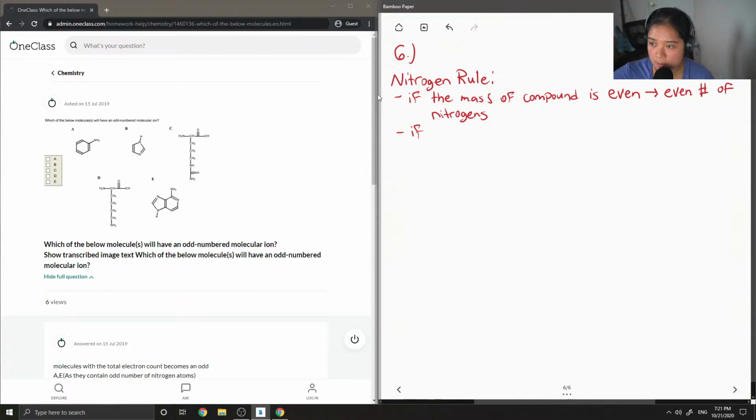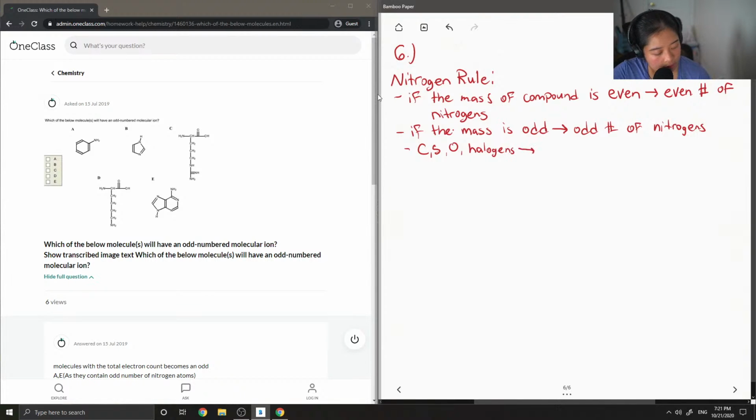Then, on the other hand, if the mass is odd, then we have an odd number of nitrogen. And the reason for this is because elements such as carbon, sulfur, oxygen, and even your halogens, they all tend to have even masses.